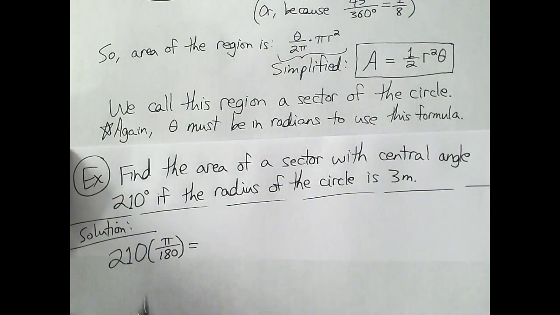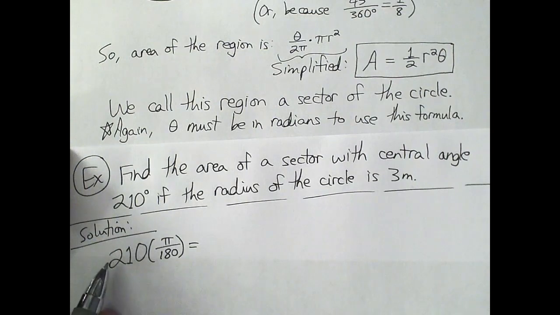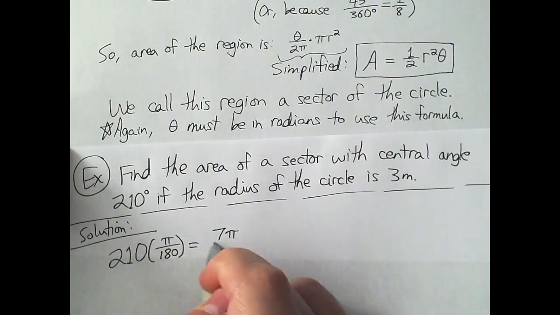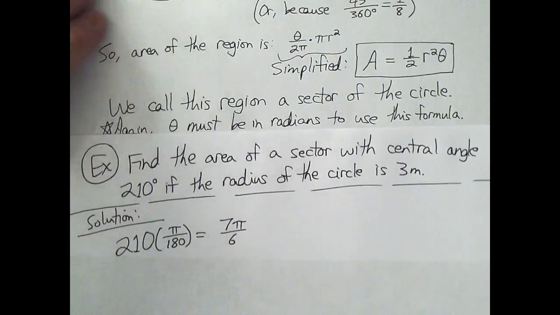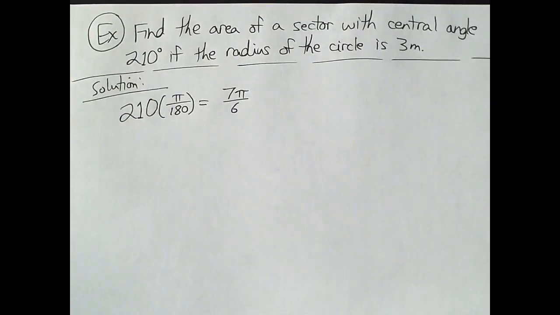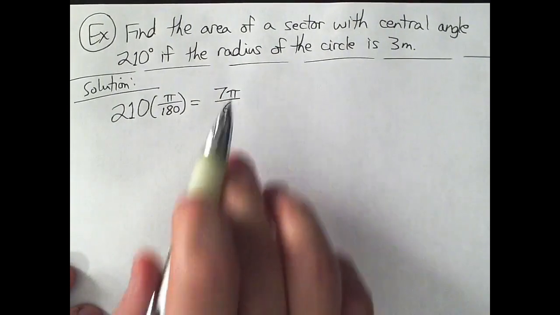What's 210 divided by 180? Well, cancel the zeros, and it's 21 over 18. They're both divisible by 3, so you should be able to simplify this to 7 pi over 6. Now that's 7 pi over 6 radians, but this time I'm not writing rad. I'm just leaving it because we said that with radians, it's okay to do that.